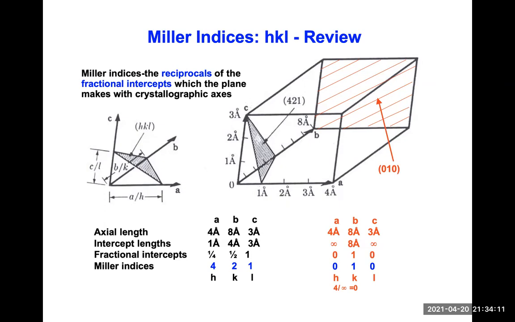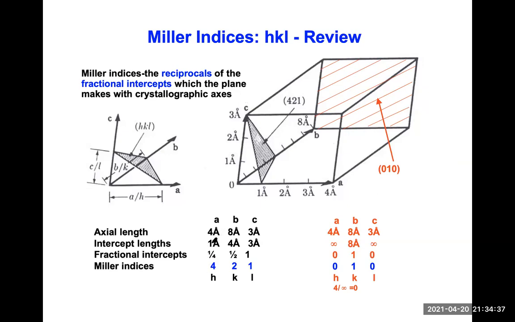If we consider a particular plane, the intercepts on those 3 axes of this particular plane are 1 angstrom, 4 angstroms, and 3 angstroms.